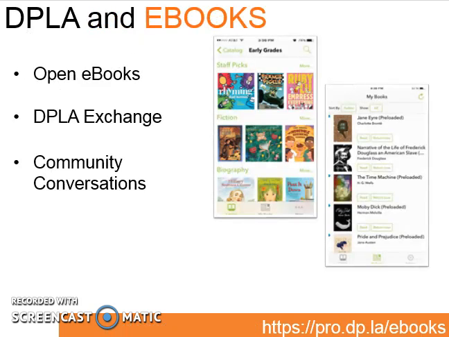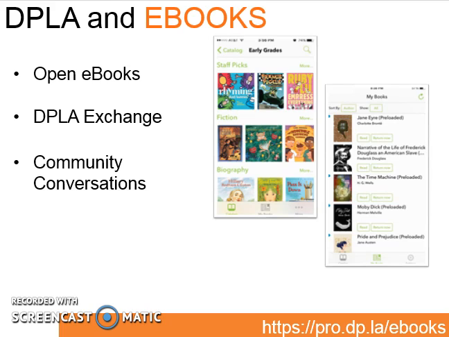A couple of additional projects that might be of interest to, again, librarians, educators, and lifelong learners are the Open eBooks, DPLA Exchange, and Community Conversations. Open eBooks is an app containing thousands of popular and award-winning titles that are free for kids from in-need communities.